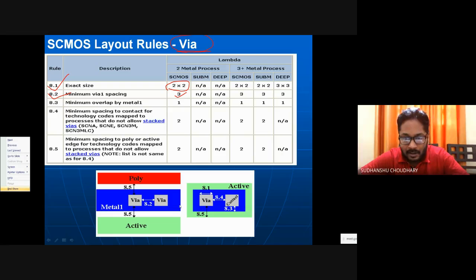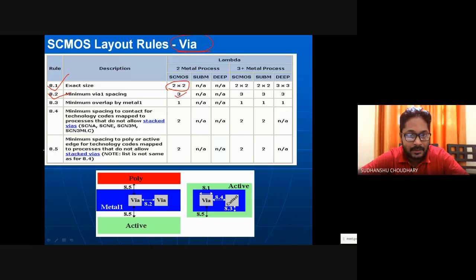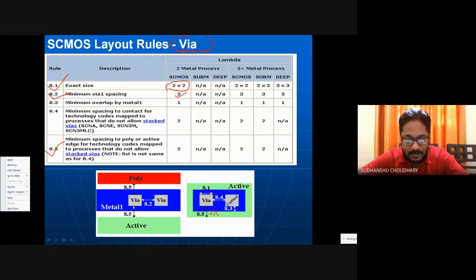Similarly, I have a few more rules, that is, surround rules for this wire. The surround rule says that from via edge to active edge, I must have at least 2 lambda spacing. Similarly, there are surround rules for when via and metal are outside this active region.